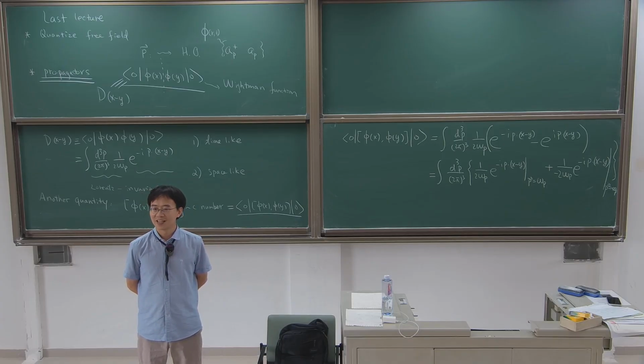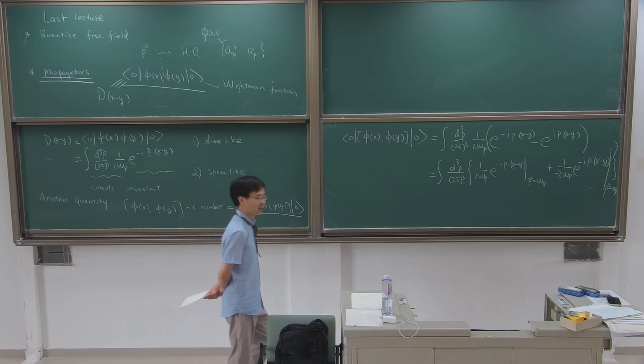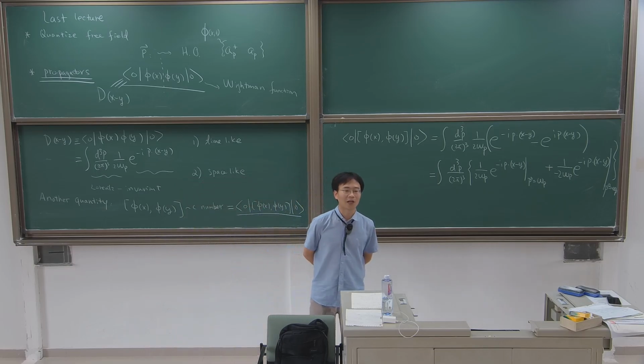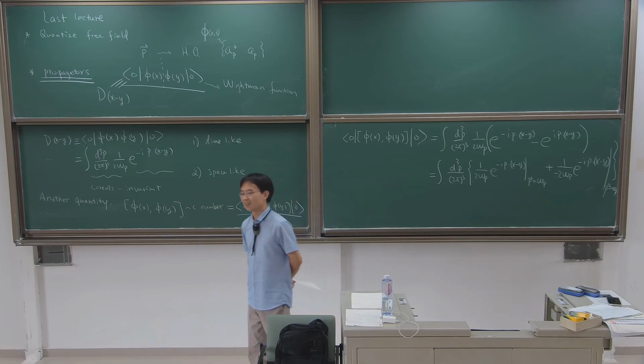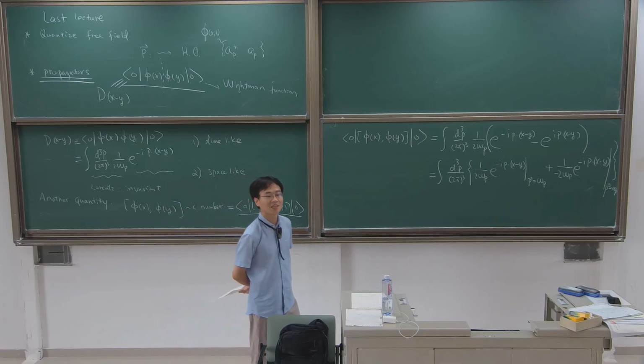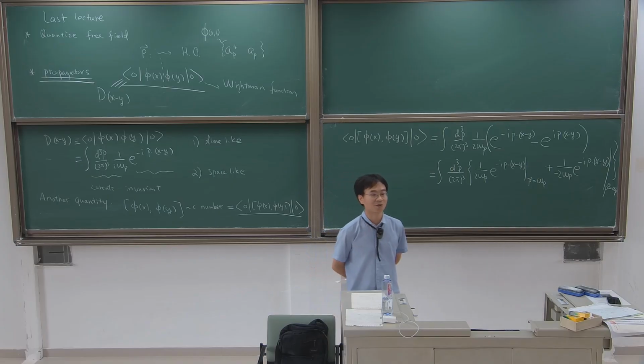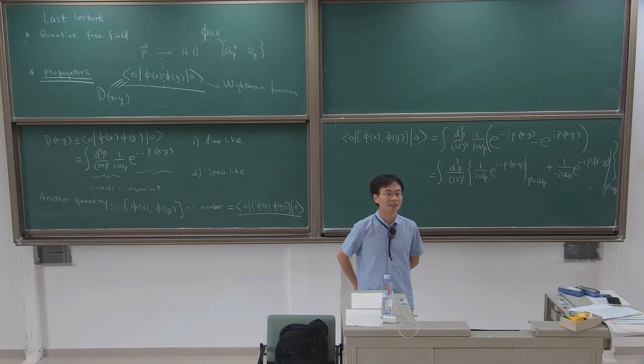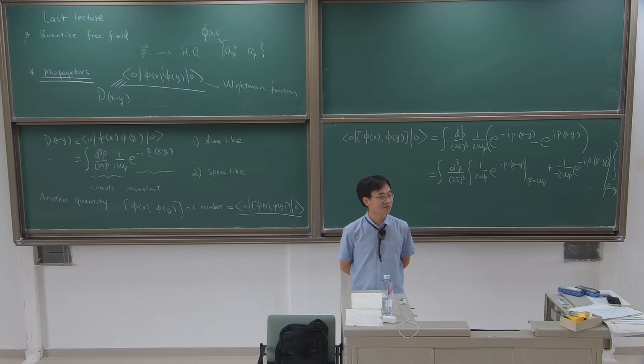We also learned that the complex contour integral can help us compute even some real axis integrals. For instance, if your integrand carries a pole on the real axis, it's very convenient to use contour integral.